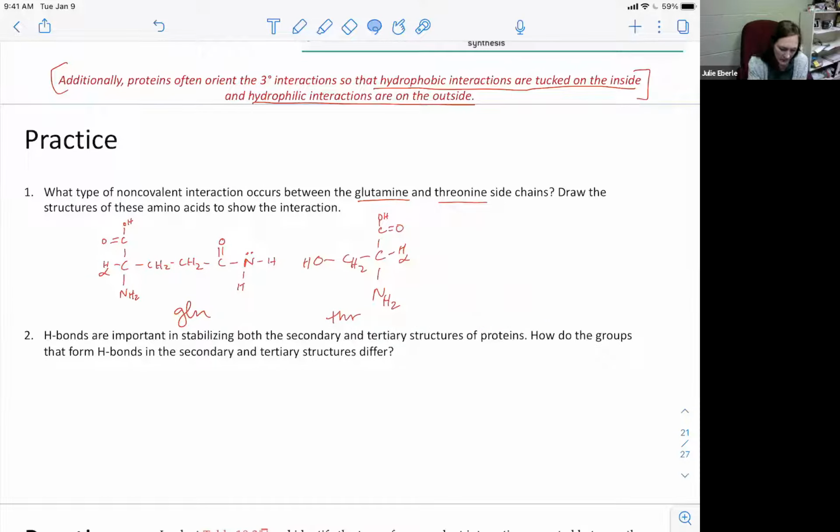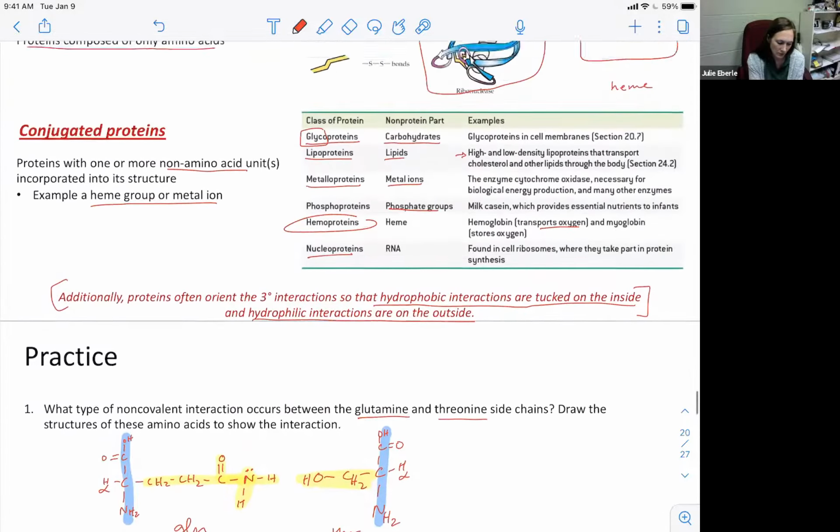Okay. And the parts that are highlighted, this is the side chain of each of these. Highlighted in blue, we'll say this is the backbone. Okay, so I've oriented them different ways just so I can get their side chains next to each other. So what kind of non-covalent interaction do you think we would have between these two side chains? What are our options? Scroll back up.